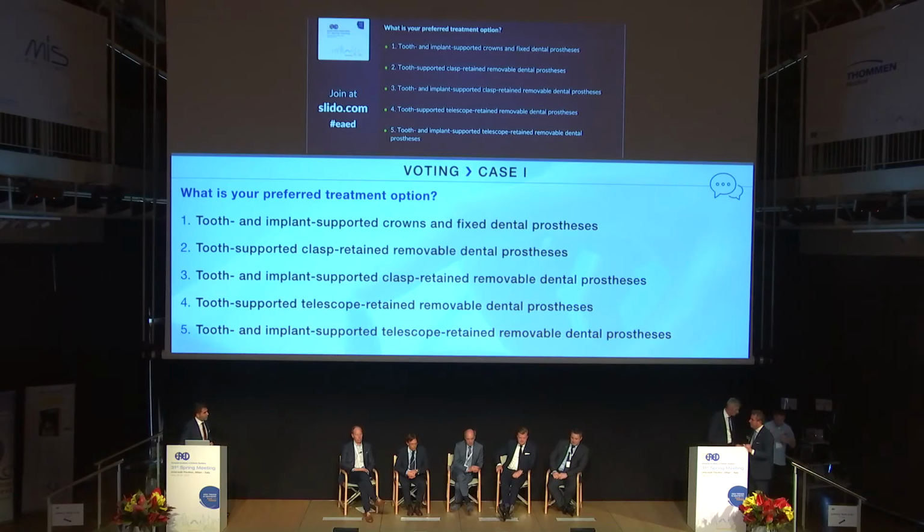In many cases, I agree. To stay on timing, just say 1, 2, 3, and then you vote as well, and we move forward. I would try to involve implants and go for either removable or fixed.